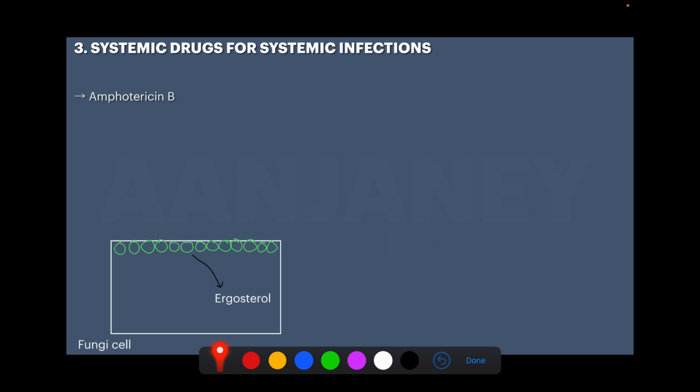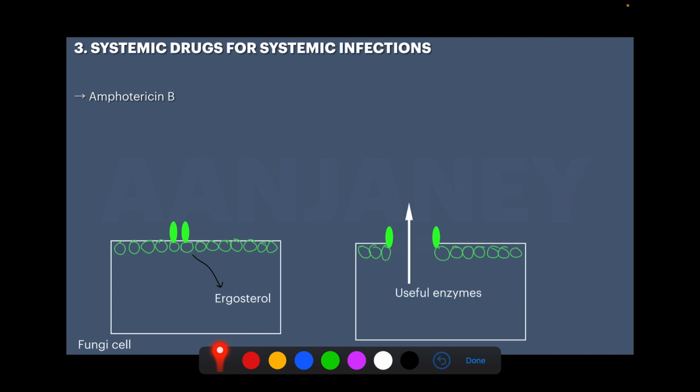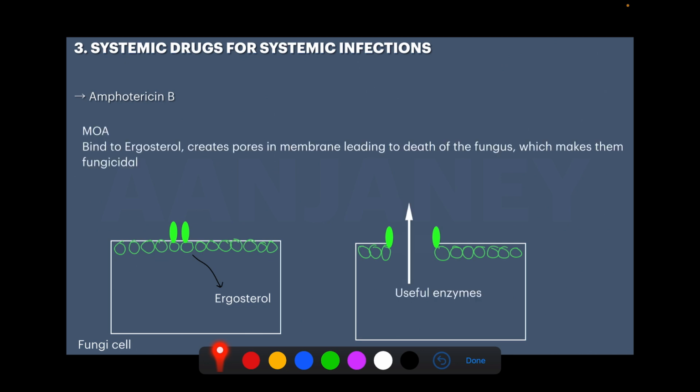So what amphotericin does is it will bind to ergosterol and create pores, and from these pores the useful enzymes which are inside the fungal cell will be exposed outside. If the useful enzymes are gone, then obviously the fungal cell will die. So it binds to ergosterol, creates pores and leads to the death of the fungus, which makes it a fungicidal drug.